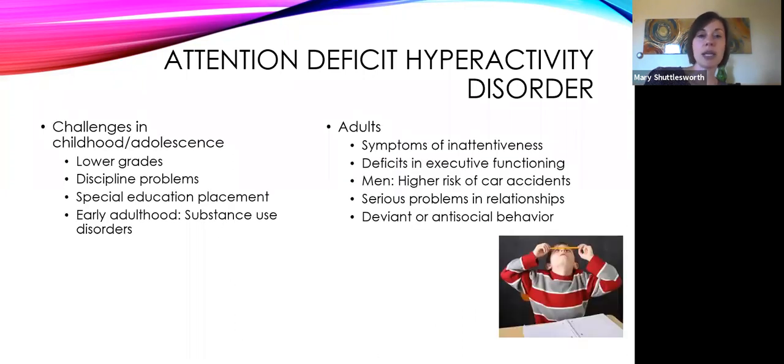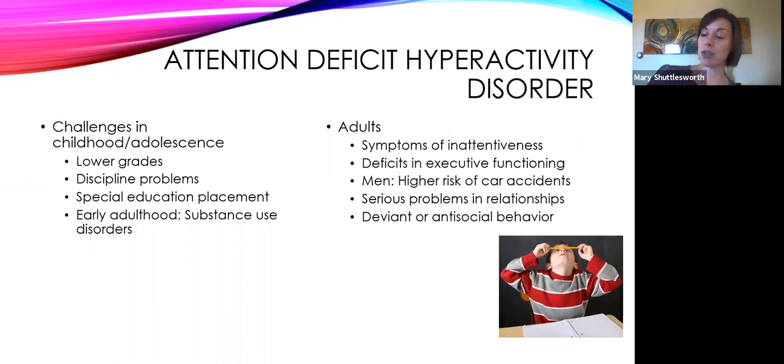All right, so let's talk about our current understanding, some of the challenges in adolescence and then also into adulthood. We used to think that if you had ADHD as a child, you outgrew the symptoms. We now know that that is in fact not the case. ADHD is considered a neurodevelopmental disorder.